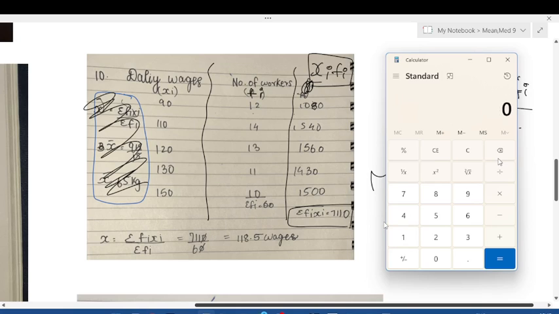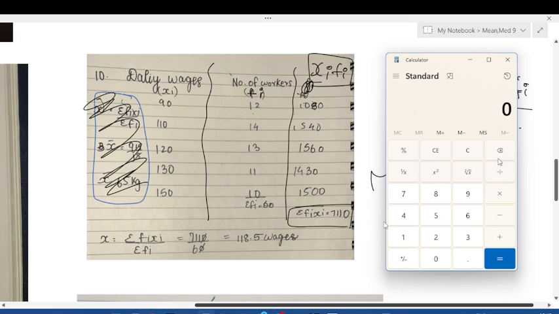Correct. 150 into 10 is 1500, plus 1430, plus 1560, plus 1540, plus 1080. 7110. Correct. Okay. So 7110 is correct.